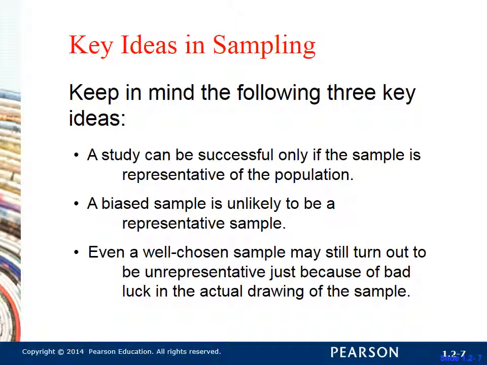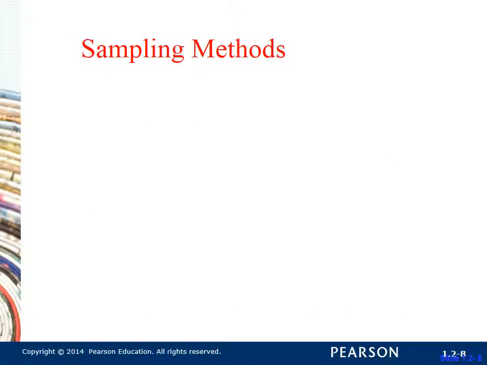Those kinds of things you're not too sure about, so you may plan your best but still have something happen and get a bad sample, which is why statistics is about inferences. It's not real solid, but it's the best you can do. So you try to pick a sample that's representative, you try to make sure it's not biased, and then you check every which way you can. If it was bad luck, there's not much you can do about it. All right, so what are some of the sampling methods we can use?